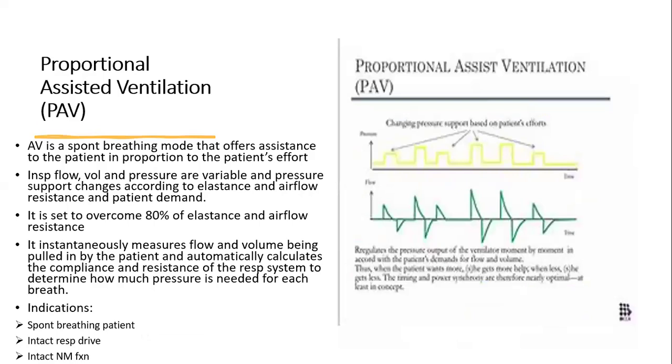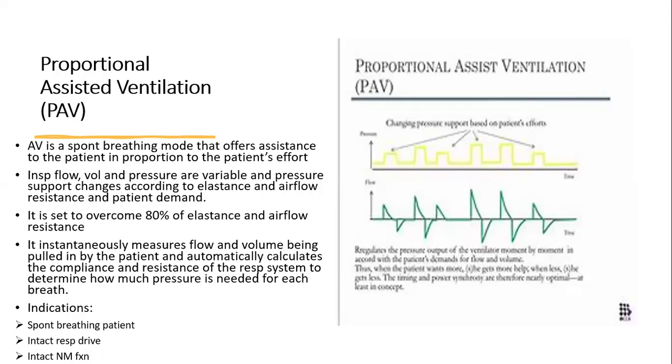Proportional assisted ventilation is another type of assist control mode ventilation. Now, the ventilator offers assistance to the patient in proportion to the patient's effort. So if the patient is making like 20% of the inspiratory effort, the ventilator will provide the 80%.